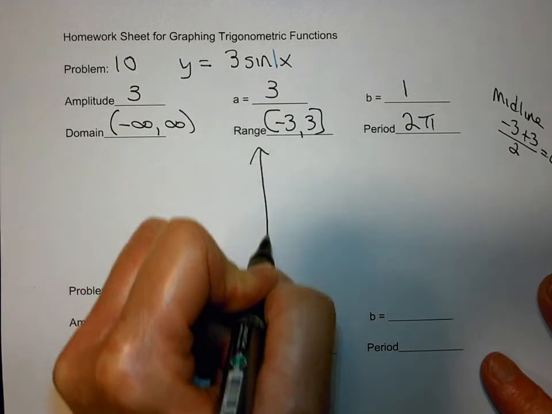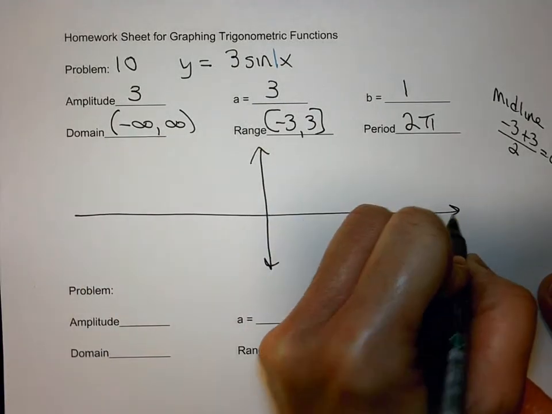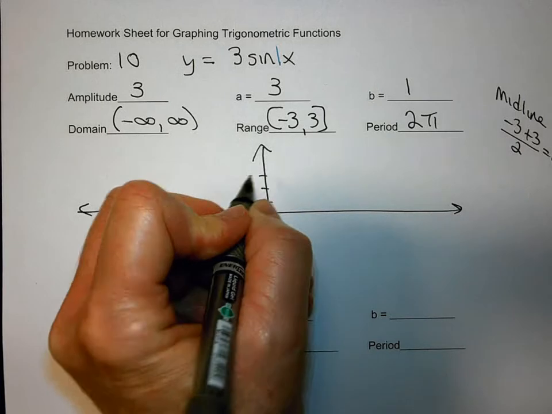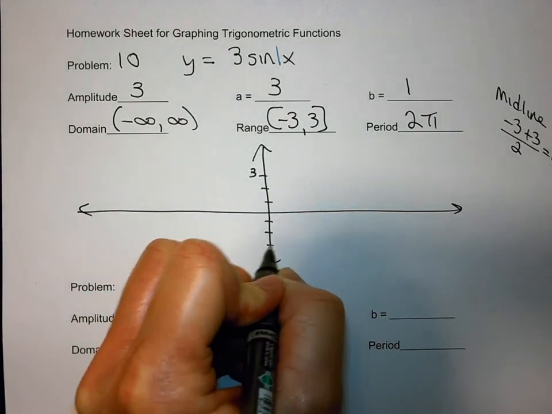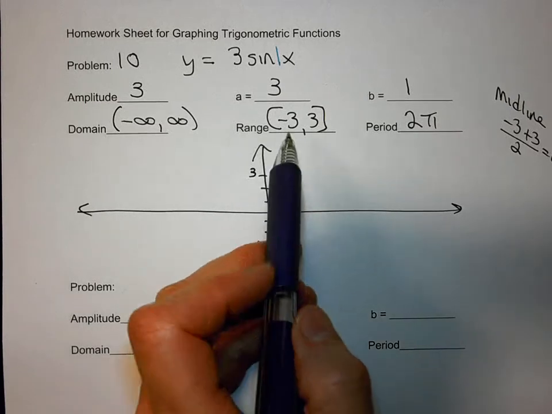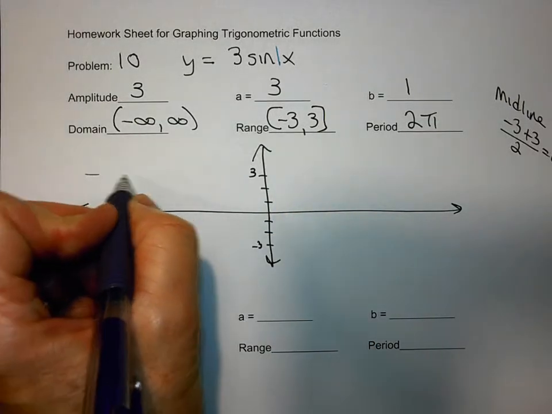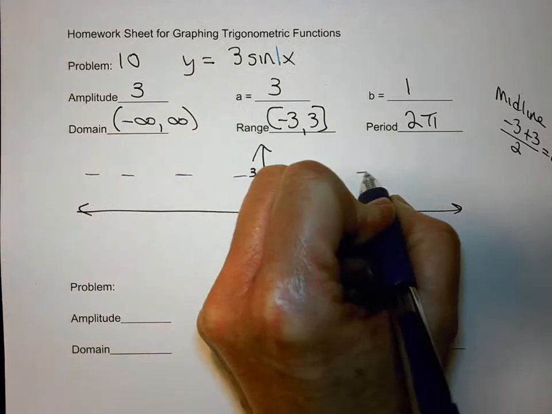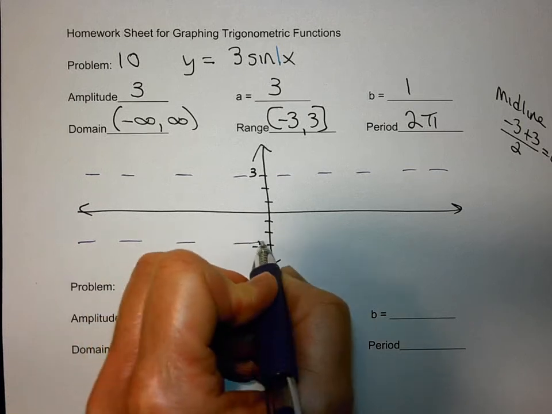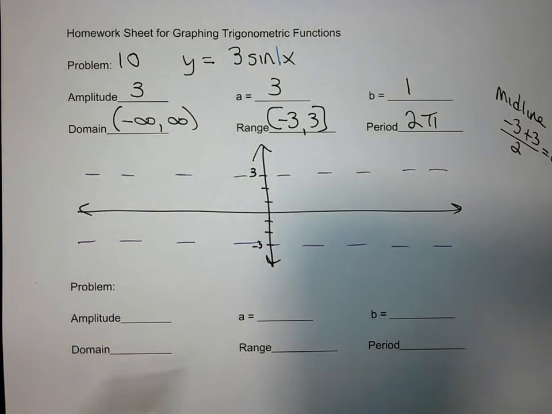So we're going to put our horizontal and vertical lines. We know that we're going up to 3, so 1, 2, 3. We're going down to negative 3. Okay, at that point, we know that the top and bottom marks are at the 3 and the negative 3, so I know I can draw just a dotted line there, because I know that'll be the top of my picture, and then I know the negative 3 will be the bottom of my picture.